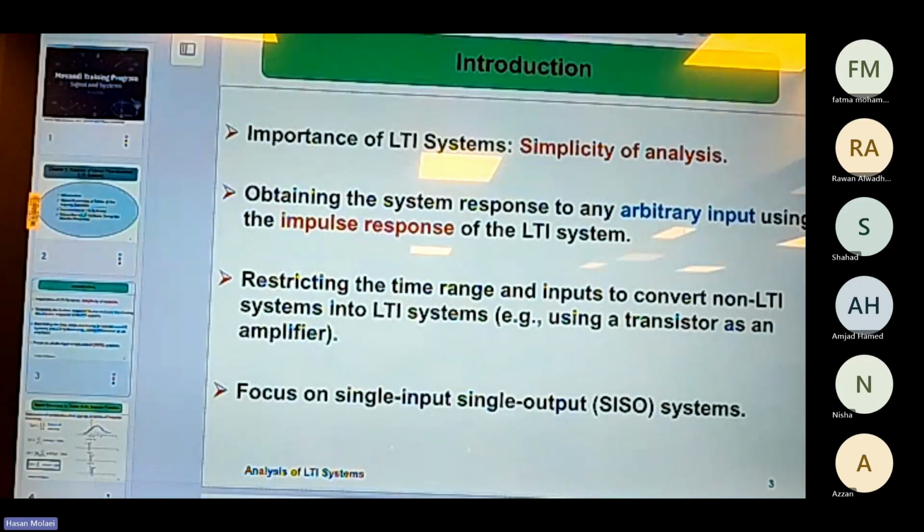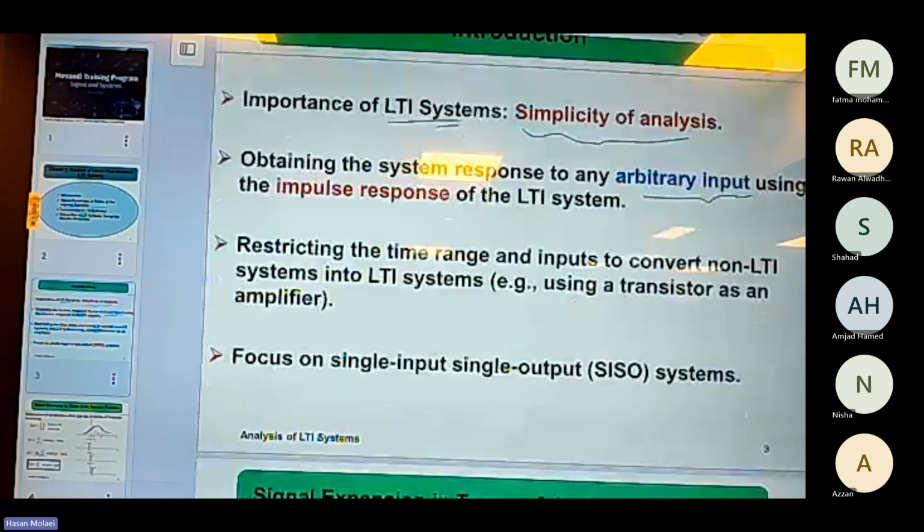Why are we interested in LTI systems? As I mentioned, it's easy to analyze them, because if you have the impulse response, which means you know the system behavior, you can find its response to any arbitrary input only by convolution.